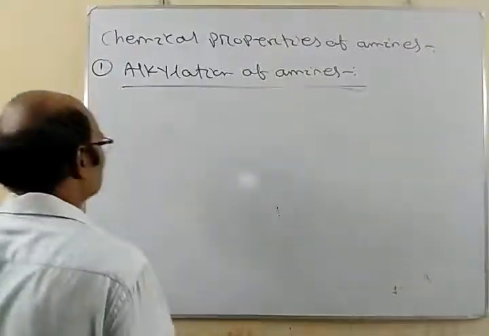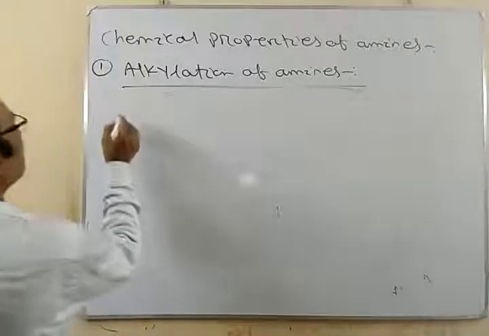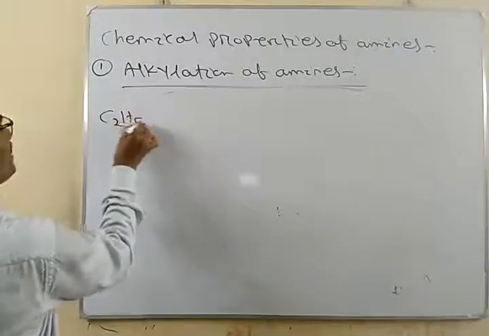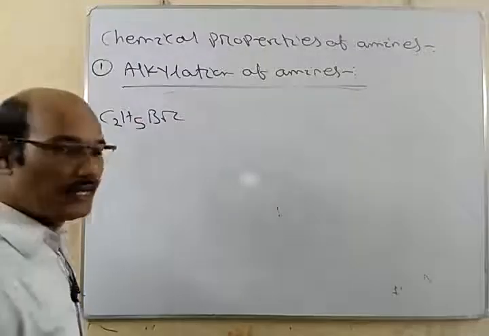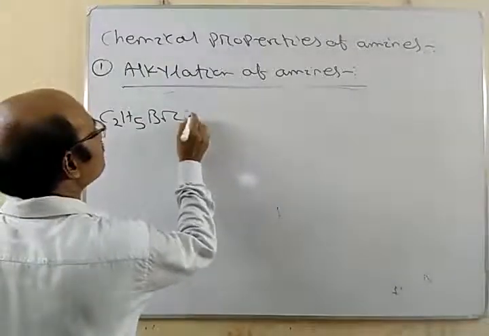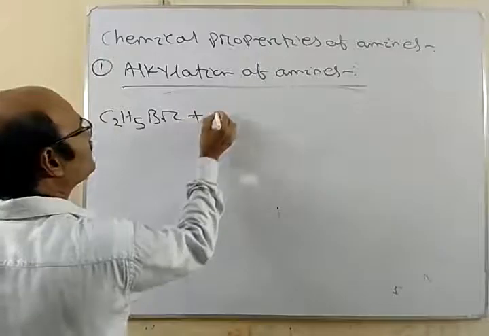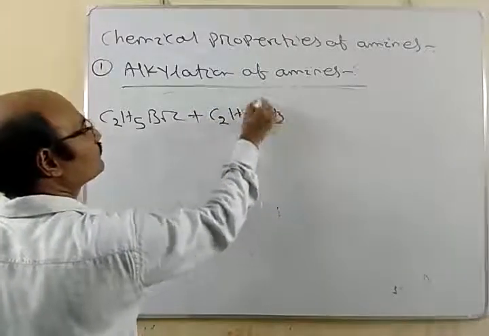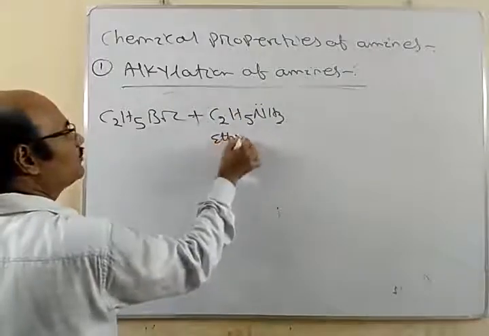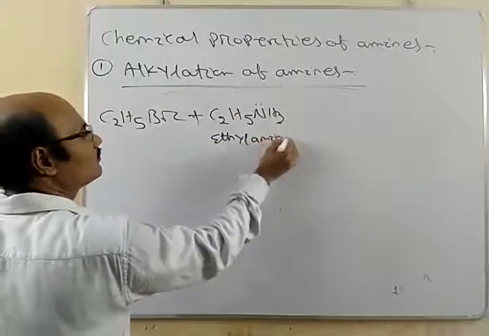So I will write C2H5Br plus C2H5NH2, your ethyl amine.